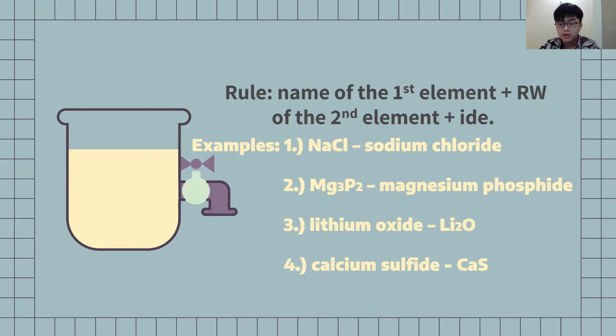And then next we reverse it, so we need to find the chemical formula from the name. So how do we find the chemical formula from the name? Right here we have lithium and oxide. We can find it by first finding the oxidation number of each element. So how do we find the oxidation number? We can find it from the periodic table.